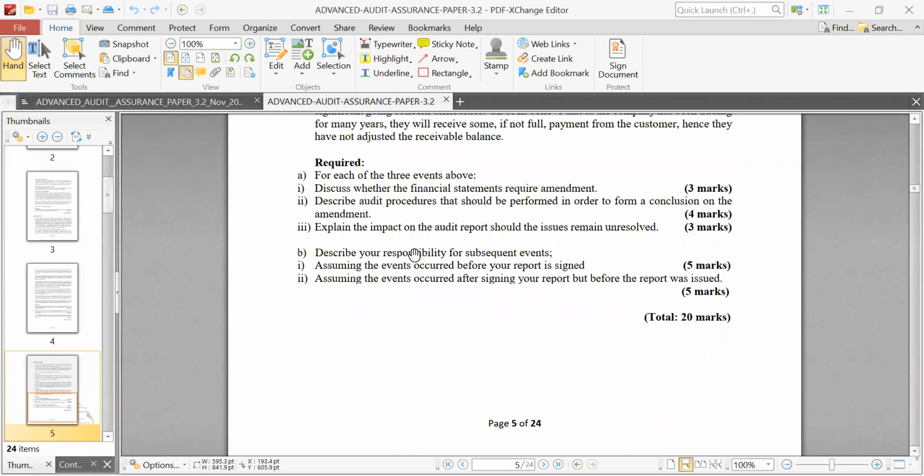So the auditor's report is signed. We are looking at your responsibility as an auditor from your year-end date to the audit report date, when the audit report is signed. So what are some of your responsibilities? That's all it's asking here.